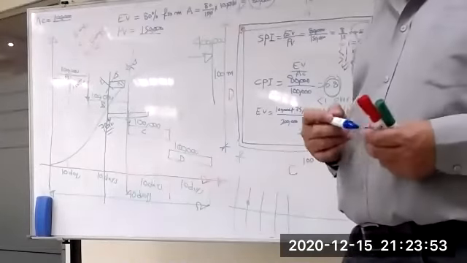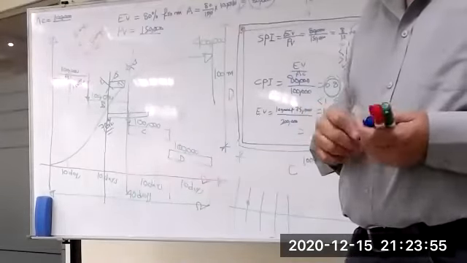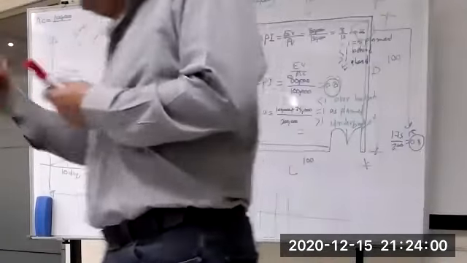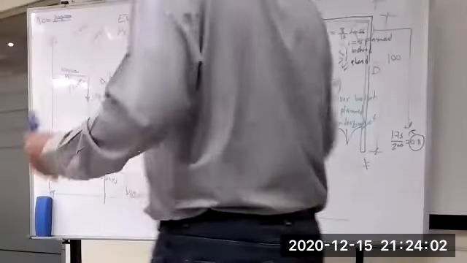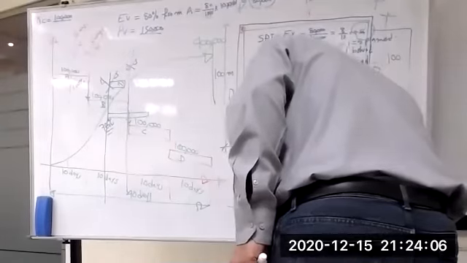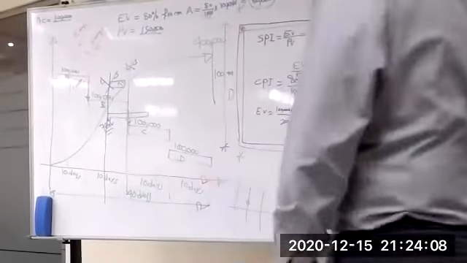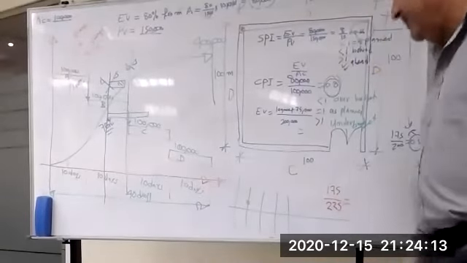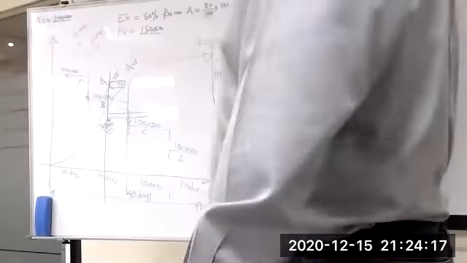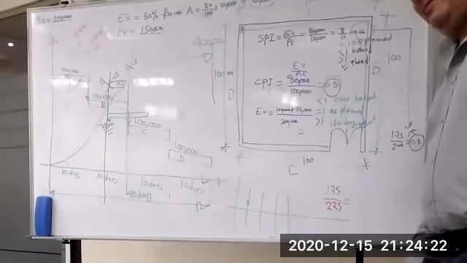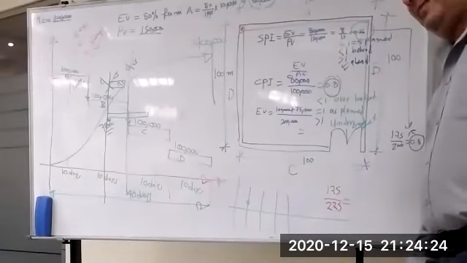The cost impacted is 225. He will pay 225. Okay, very good. Now everybody, 175 divided by 225 equals what? 0.77.